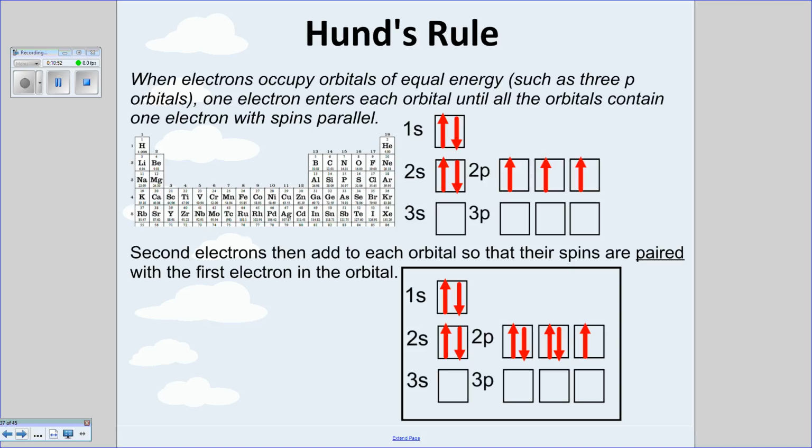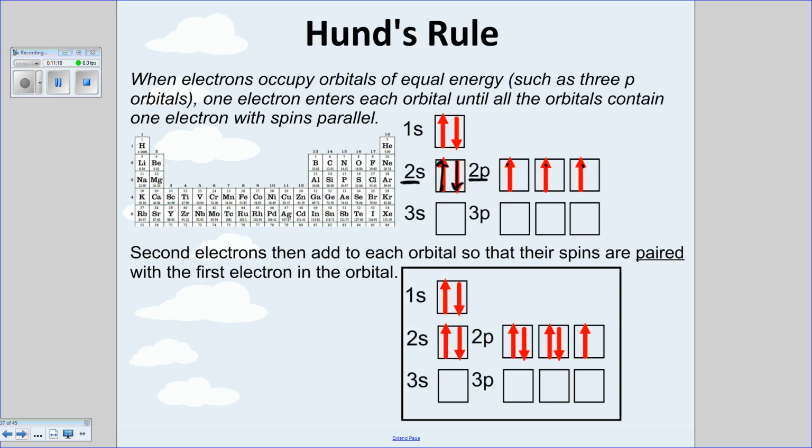When electrons occupy orbitals of equal energy, such as the 3p orbitals, for example, 1 electron enters each orbital until all the orbitals contain 1 electron. So if you are filling this up, say we've got 1, 2, 3, 4, 5 electrons to put onto the second energy level. You fill up the s orbital, so we put 1 here, then 1 here. Then when we're filling up, we've got 3 more.